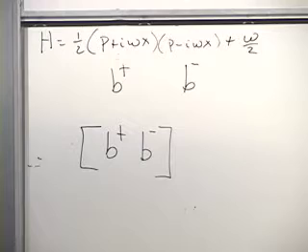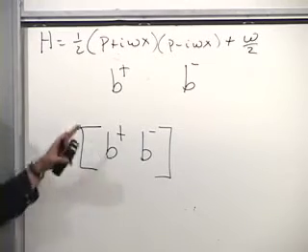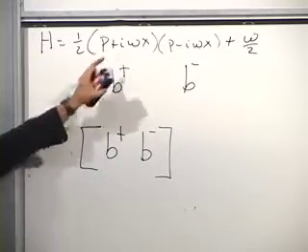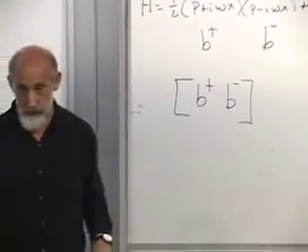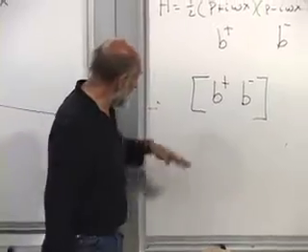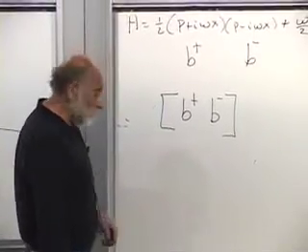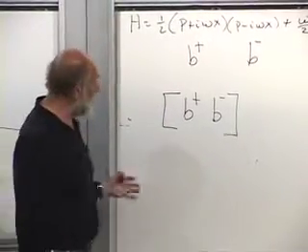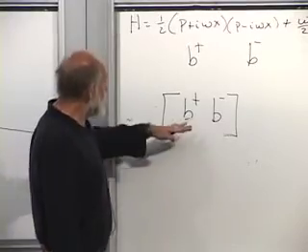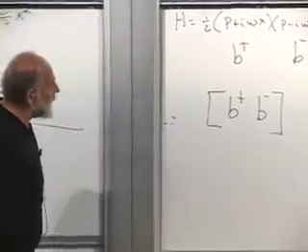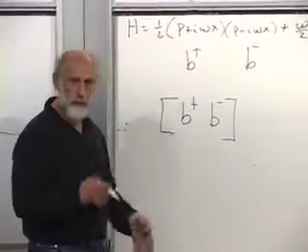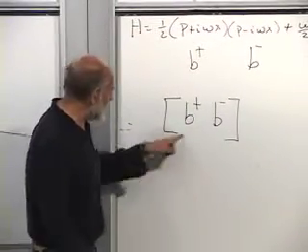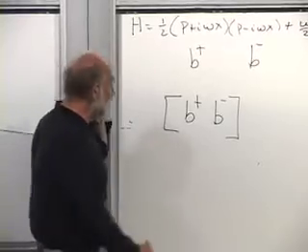They're not observables, incidentally, because the individual ones are not Hermitian, and in general they don't have a complete set of eigenvectors. But nevertheless, we're going to do some algebra with them. It will be useful to know what the commutator is when we start multiplying them in various ways.